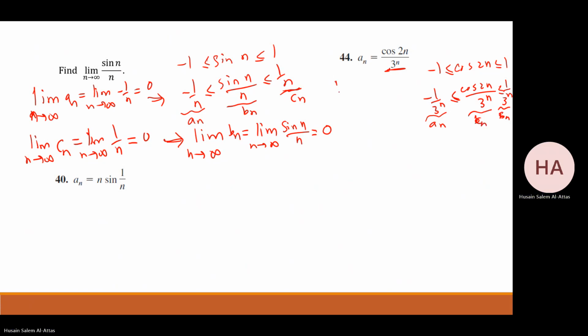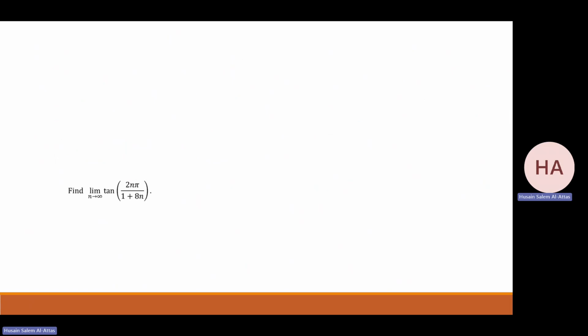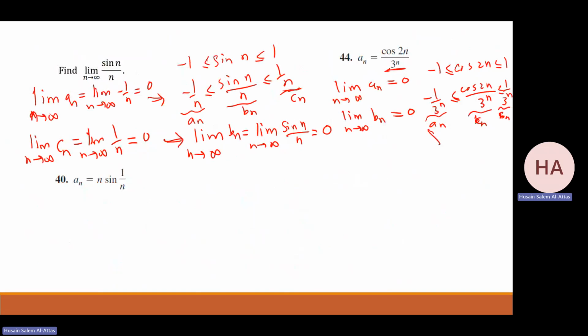I have the limit as n goes to infinity of an is equal to 0. That implies the limit as n goes to infinity of bn, which is the limit as n goes to infinity of cosine 2n over 3 to the power n, should be the same, which is 0.